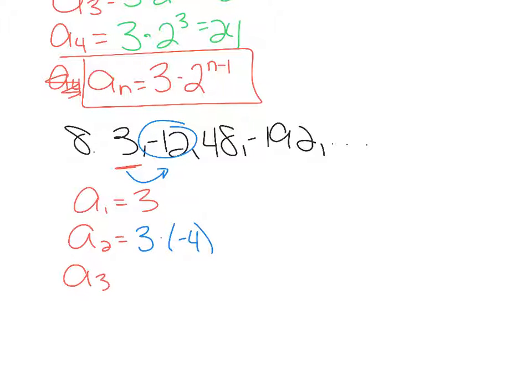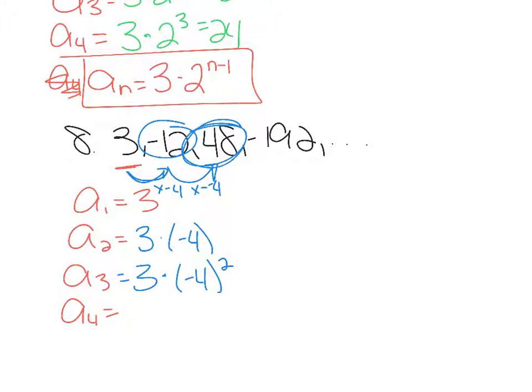To find a sub 3, which in this case is 48, I'd want to know, if I start with 3, how do I get there? I'd multiply by negative 4 and multiply by negative 4 again. I would take 3 times negative 4 two times, or 3 times negative 4 squared. If I want to find a sub 4, if I wanted to start with 3 and get all the way to negative 192, I would take 3 times negative 4 times negative 4 times negative 4.